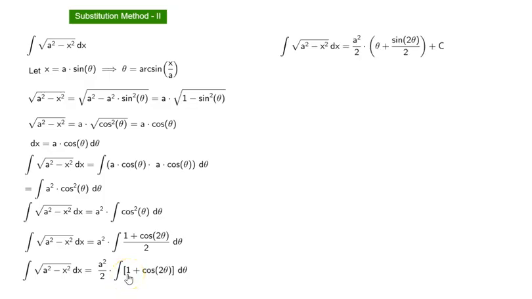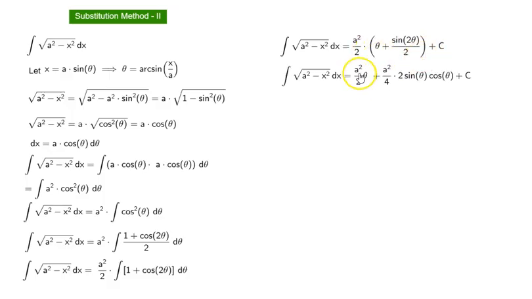We know the integral of 1, we know the integral of cos 2 theta. So integral square root of a square minus x square dx is equal to a square by 2 times, integral of 1 is theta, and integral of cos 2 theta is sine 2 theta by 2, plus c.